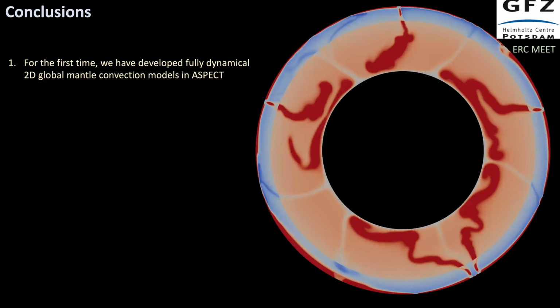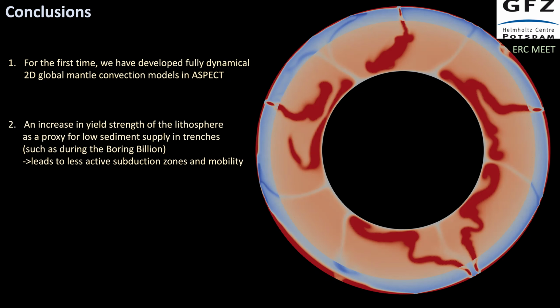So in conclusion, for the first time, we've developed these fully dynamical 2D global mantle convection models in ASPECT. An increase in yield strength of the lithosphere as a proxy for low sediment supply in the trenches, such as during the boring billion, leads to less active subduction zones and slower plate speeds.